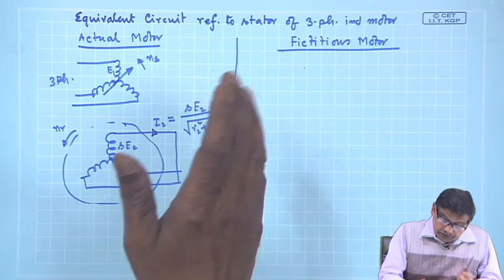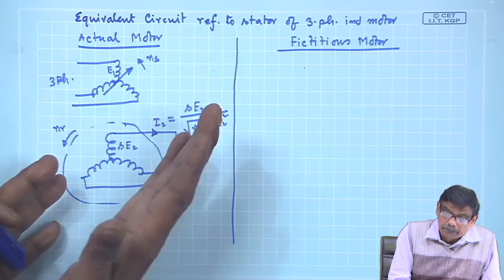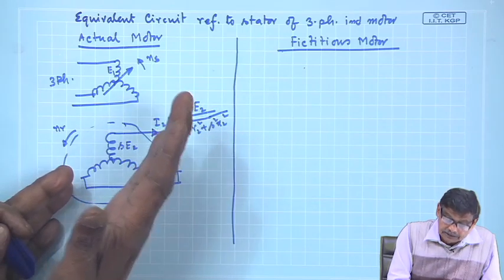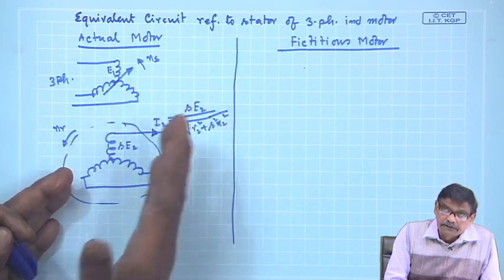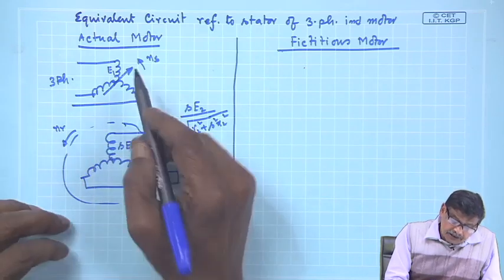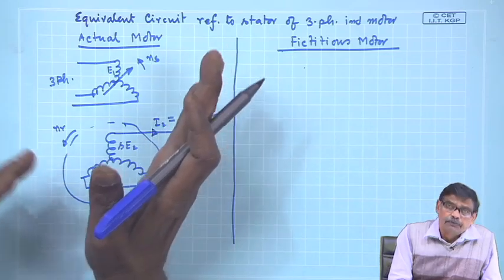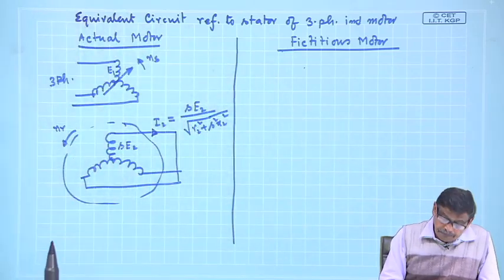The rotor field will be positioned depending on the power factor angle of the rotor circuit, and anybody sitting on the stator will see a rotor field produced and moving.